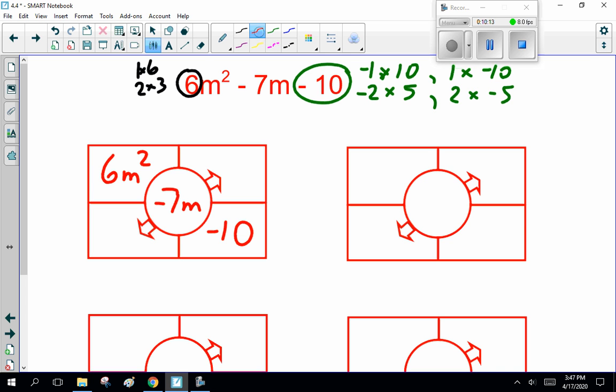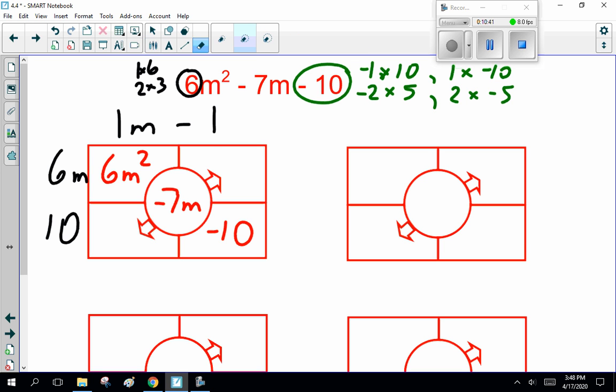Now, I have no idea. 1m, 6m. Minus 1, 10. 6 times, oh, sorry, color code.